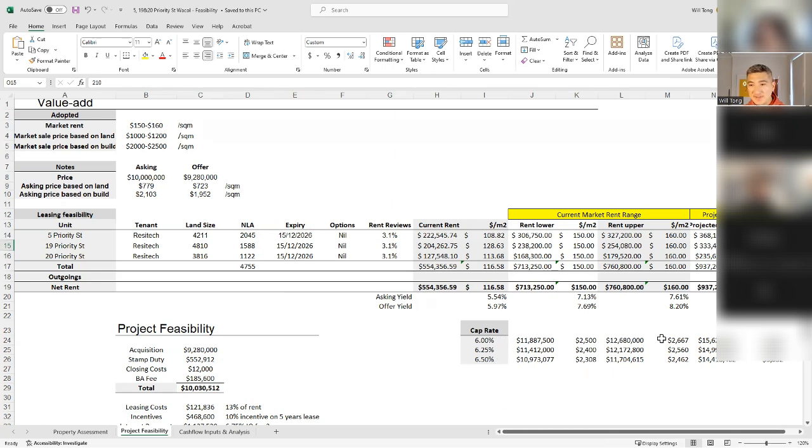If we use the same cap rate of what we bought it for and apply a rental reversion at the end of 2026, the rent should be around $930,000, and the valuation of the property should sit around $15.6 million.